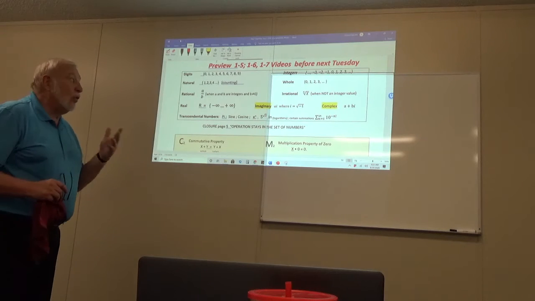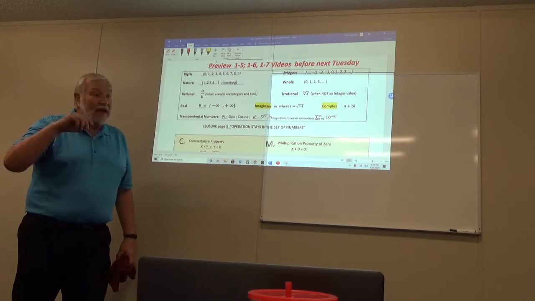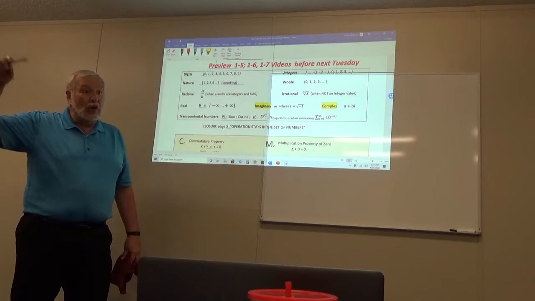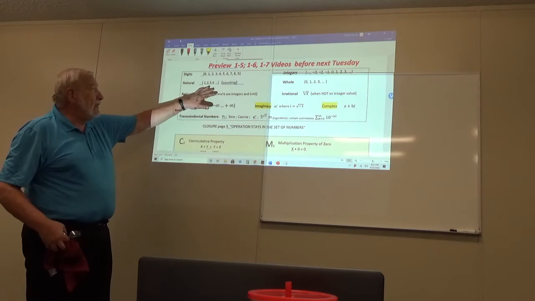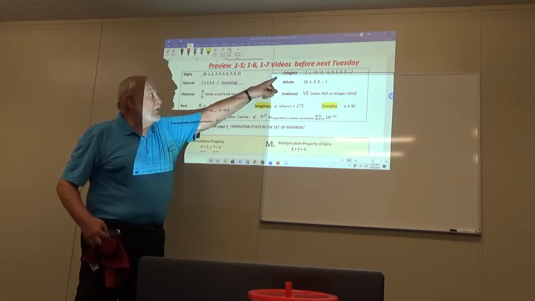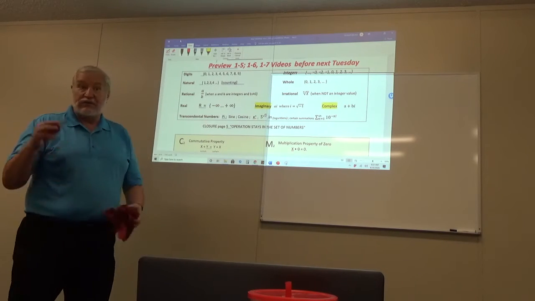Because when we start working with the domain, the values of x, the domain of a particular function, in order for it to be a function with no repeats, we're going to limit the values, instead of real numbers, it may only be integers or whole numbers. So that's the reason for that.